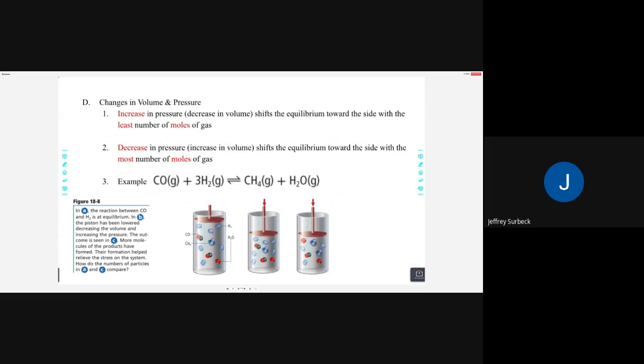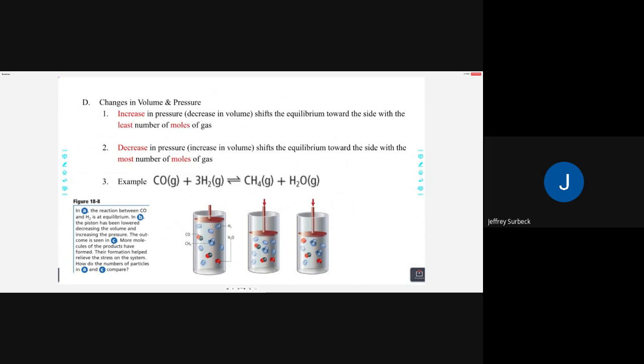The room is hundreds of liters, if not thousands of liters. So we increase our volume, but let's say we just had the same amount of gas. What would happen to our pressure? Would the pressure increase or decrease when we get a bigger volume? Decrease. It would decrease.